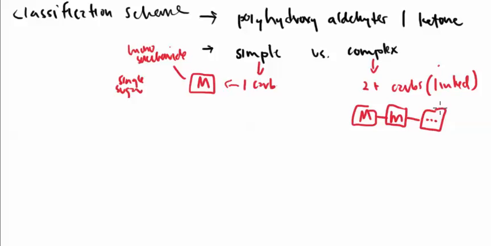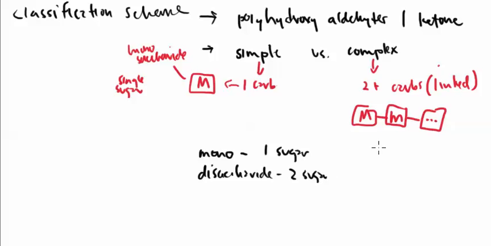All right, in another type of classification scheme, we also brought in this definition of what we're calling a monosaccharide, which has one sugar on it, and we're looking at a disaccharide, which has two sugars on it. Then we talked about the word oligo, which is anywhere from 3 to 10 sugars. And then we talked about a polysaccharide.